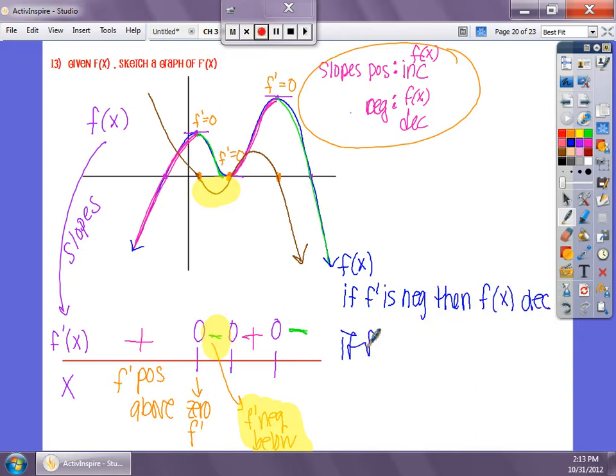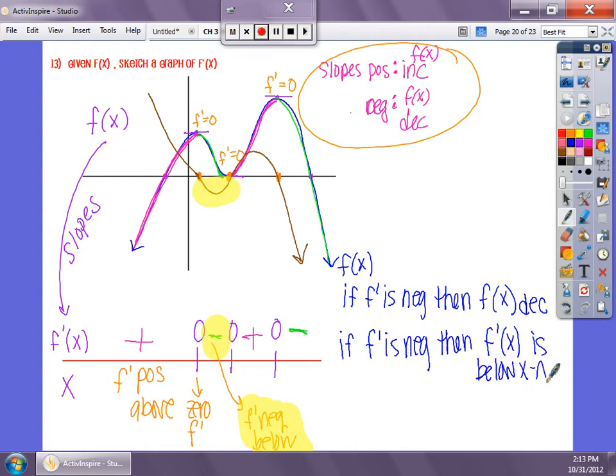If f prime is negative, then f prime is below the x-axis. That's where the negative y's are. I'm hoping this clarifies some things.